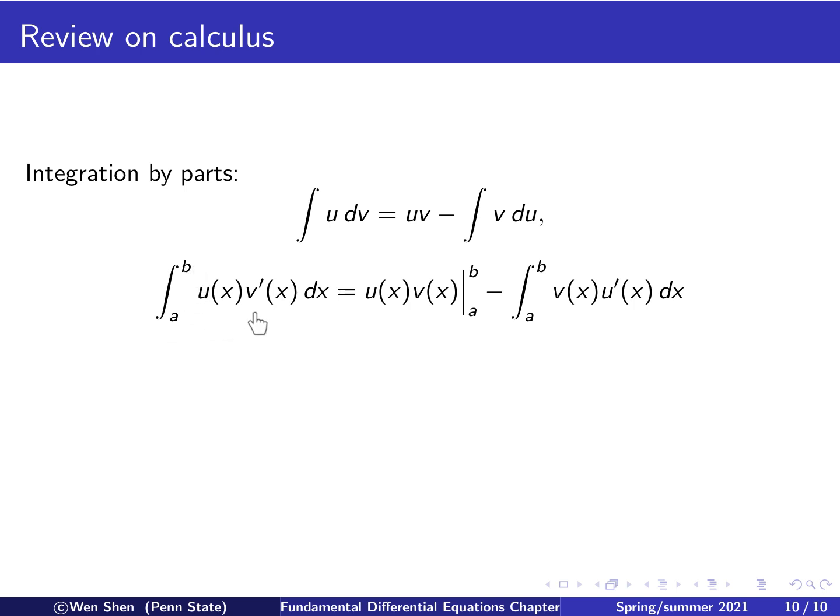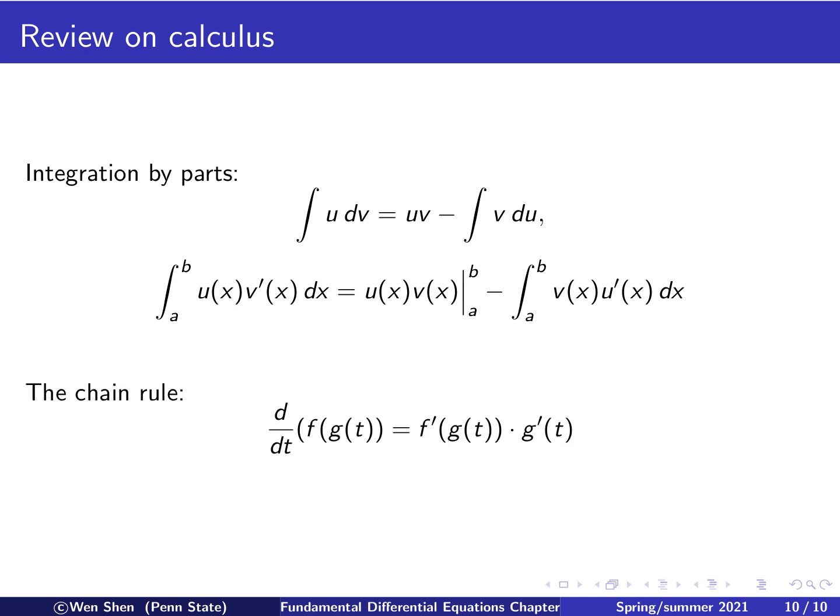Integral of u times v prime dx is equal to u times v, evaluated at the a and b interval end, minus integral of v times u prime dx. So the derivative is moved from v to u.